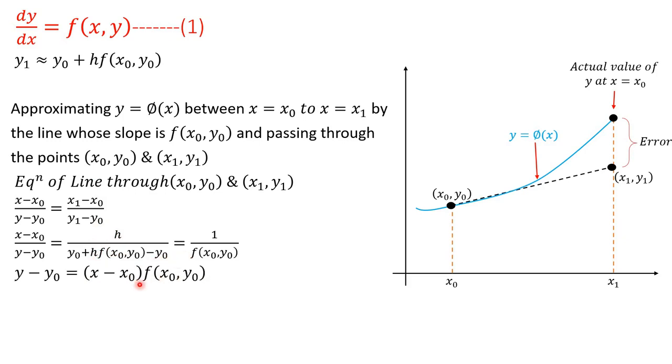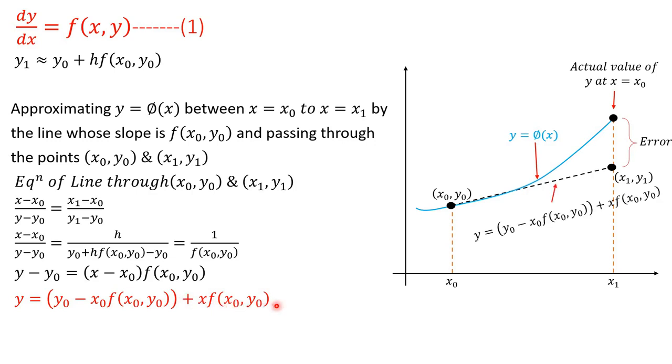So we get y is equal to y naught minus x naught into f of x naught comma y naught plus x into f of x naught comma y naught. You can see this is the equation of a line whose slope is f of x naught comma y naught and which passes through these 2 points x naught, y naught and x1, y1. So this is how Euler's method works.